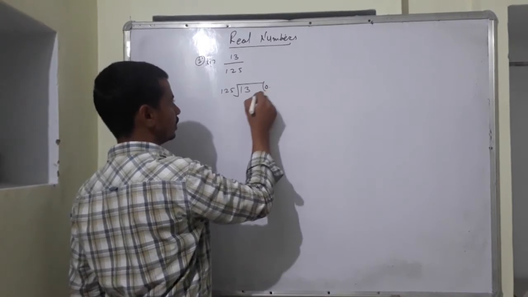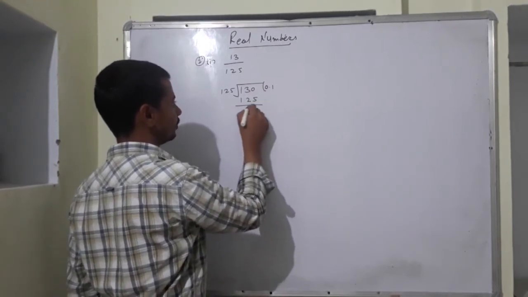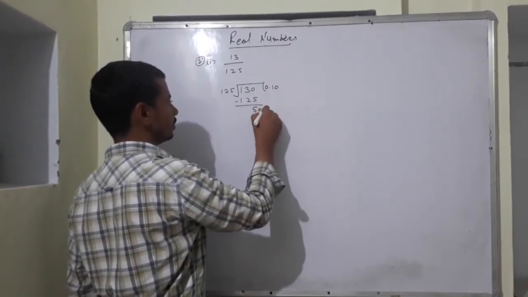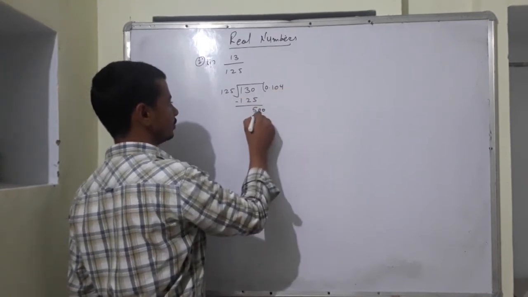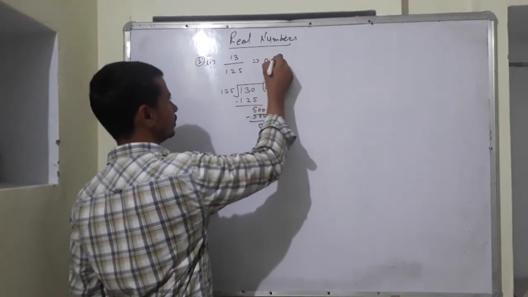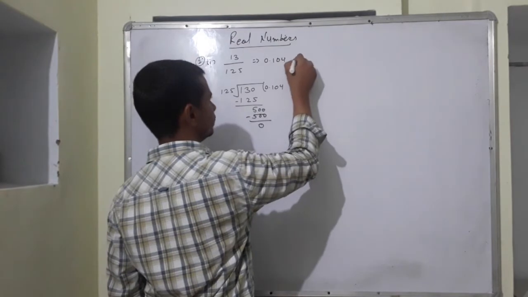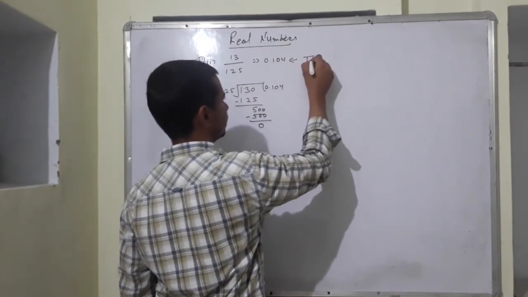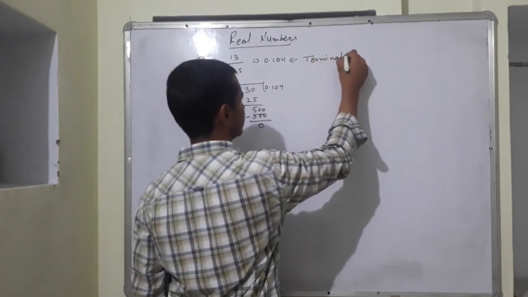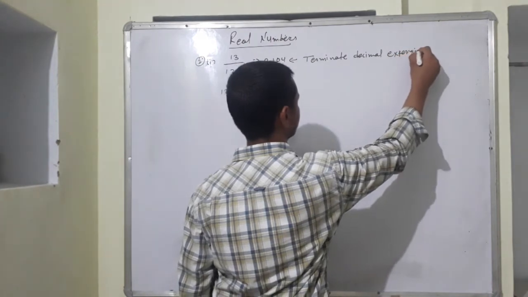When we take the decimal point, then 130: 1 time 125 and the remainder is 5, again take 0, then 4 times 500 and the remainder is 0, so the decimal expansion is 0.104 and it is terminating decimal expansion. Okay.